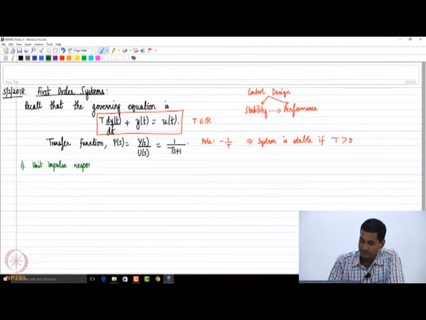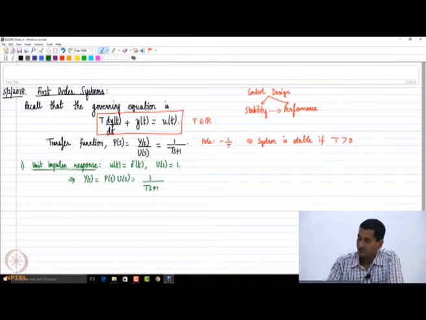The unit impulse response means u(t) is the unit impulse input. Consequently U(s) is 1, right? So Y(s) is equal to P(s) times U(s), which will just be 1 by Ts plus 1.